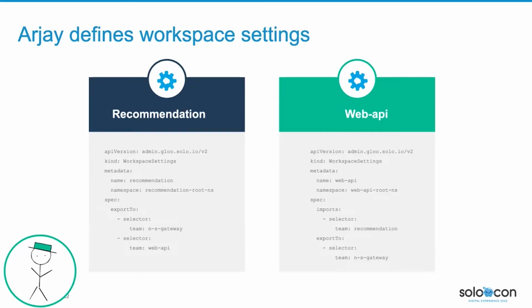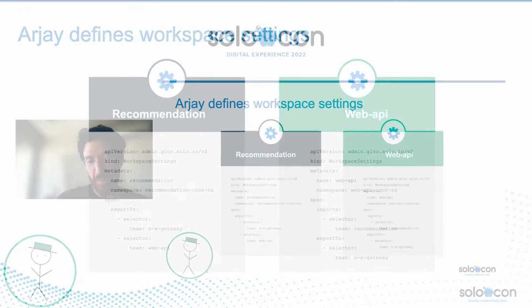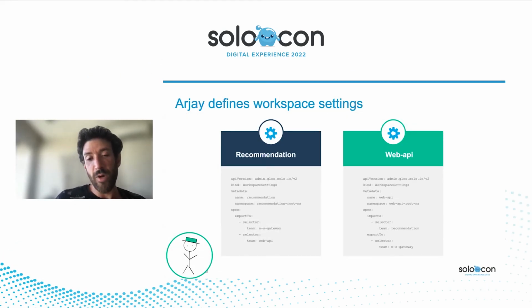Our exported items will go to the North-South Gateway workspace, as well as be consumable by the Web API workspace here. And we consider the Web API imports the recommendation service so that it can use it, and it exports to the North-South Gateway, so North-South traffic can reach it.